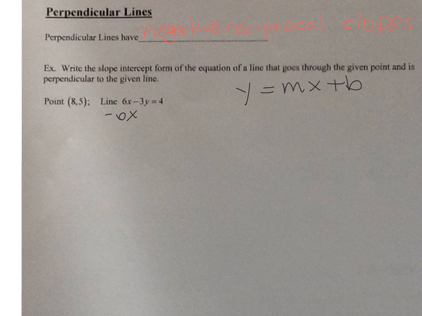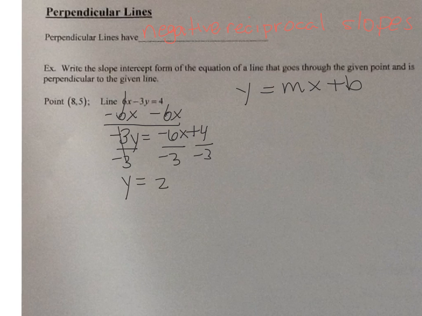So same thing, I'm going to minus 6x. So I have negative 3y equals negative 6x plus 4. Divide by negative 3. I get y equals 2x minus 4/3.